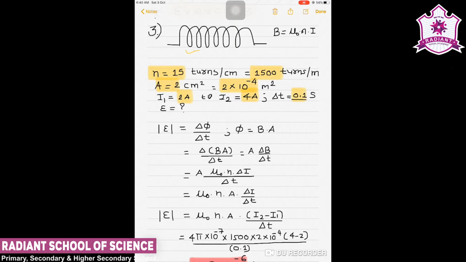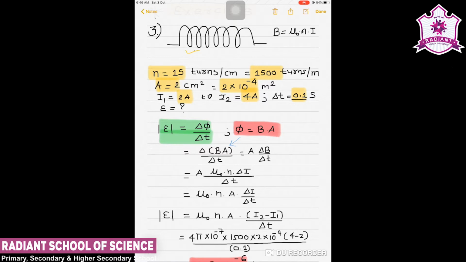So with all the conditions provided here, we use the equation E is equal to d phi upon dt. We will follow this formula, as we know that phi is given by the equation B into A. So when we replace that, we get delta of B into A upon delta t.